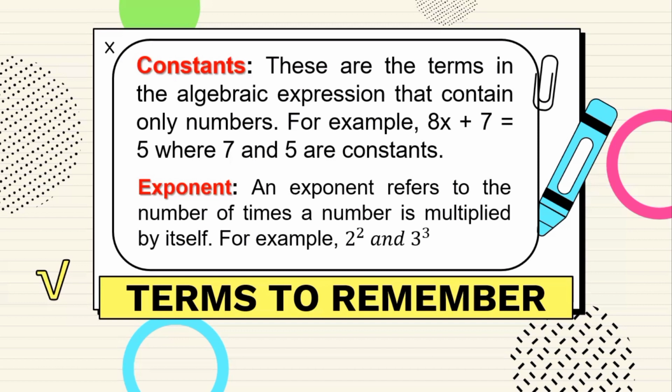If we identify the exponents of the given powers, for 2 squared the exponent is 2, while for 3 cubed the exponent is 3. Okay, so that's how we define the term exponent.